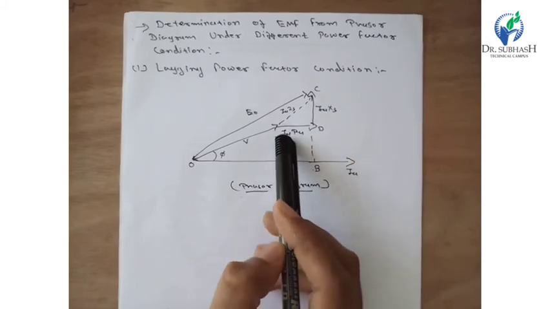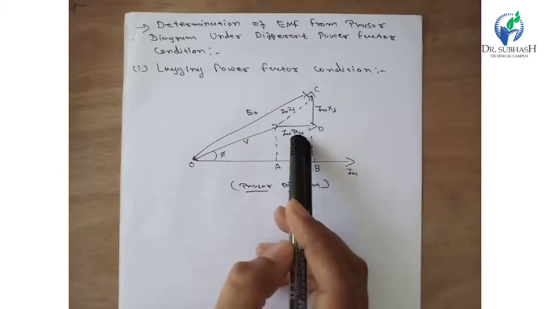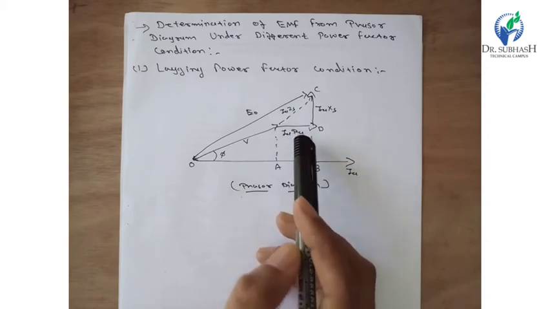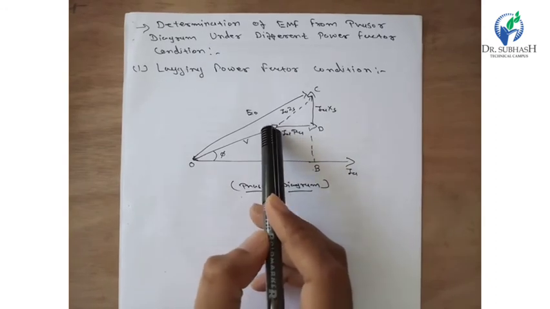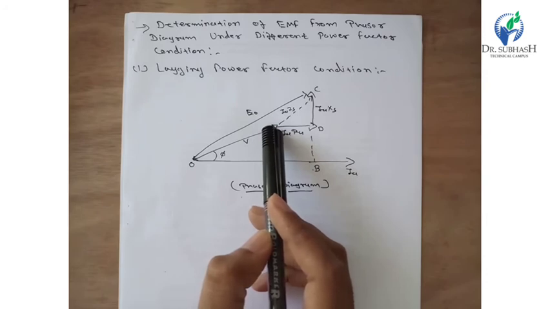Here is the value of IA into RA. The armature current and resistance drop IA into RA is added at the tip of V. This drop is parallel to the armature current, since it is a resistive drop.